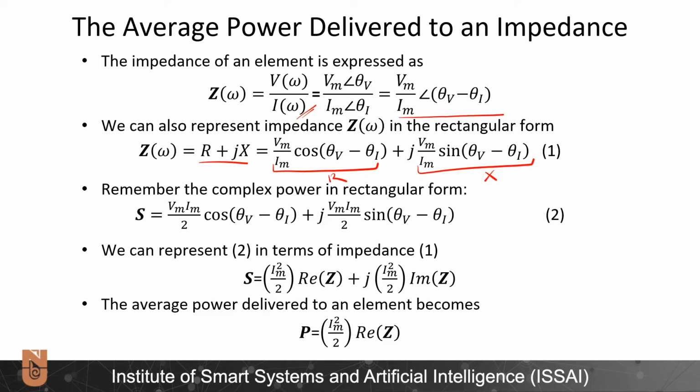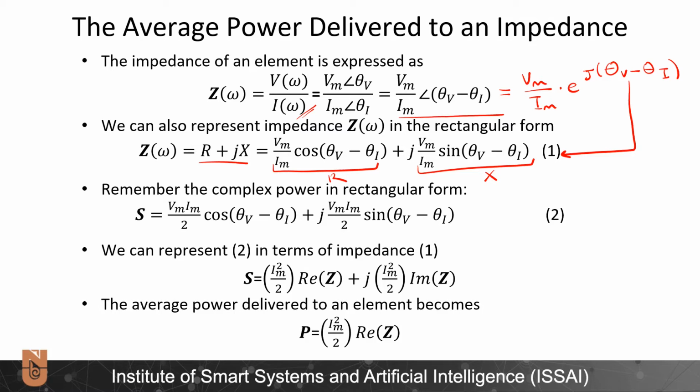We can get these from Euler's relation, because we could have written this as Vm over Im times e to the j (theta V minus theta I), and from here I could have used Euler's relation to write it as in the right part of equation 1.